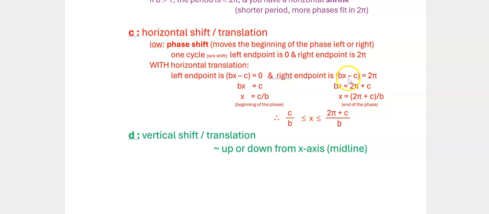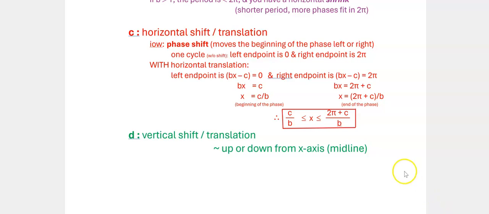Now, the right endpoint is going to be 2 pi if there's no shift. So I'm going to set bx minus c equal to 2 pi to see what my new right endpoint would be. I add c to both sides and divide by b, and I get x equals 2 pi plus c divided by b. So my right endpoint, or the end of the phase, is at 2 pi plus c over b. You need to learn what I've boxed here.